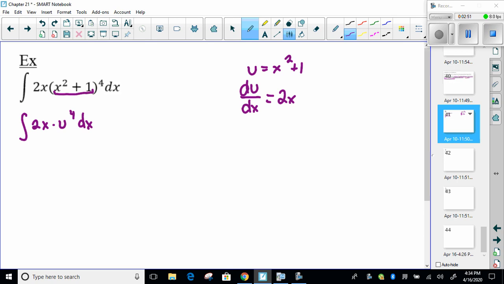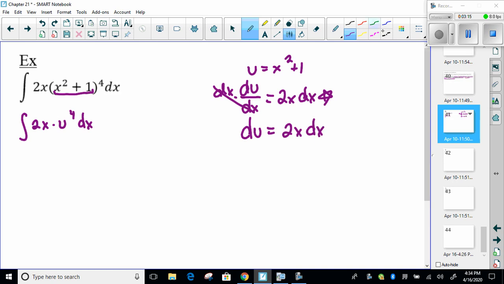Now if you rewrite this, we're trying to make this look like something over on this side. So we're going to solve for du. We multiply, in essence, both sides by dx. So du is 2x dx.